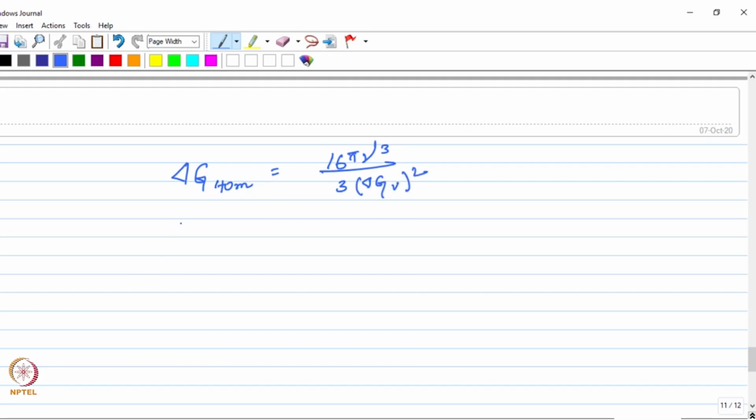But in case of the heterogeneous nucleation, now there will be an additional term in the form of the contact angle.